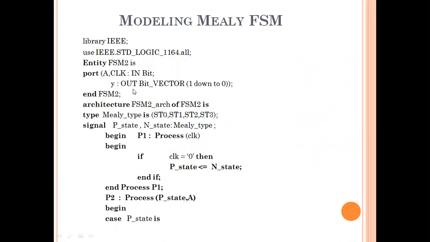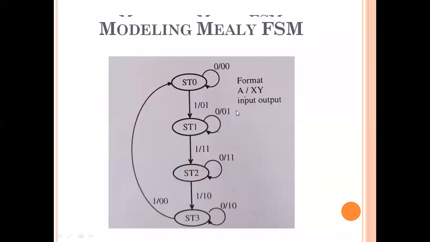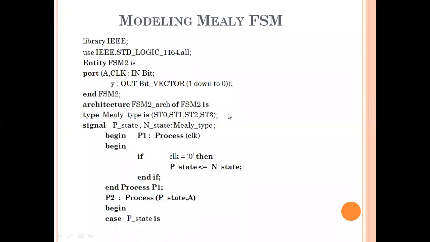Y is declared as a vector because it is a 2-bit signal. So Y is declared as out bit_vector(1 downto 0), and this ends the entity FSM2.